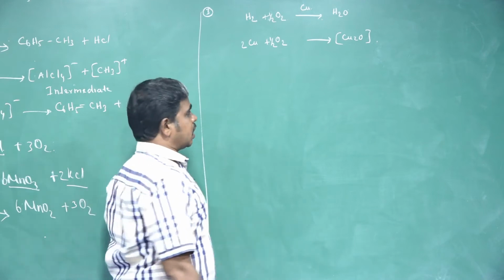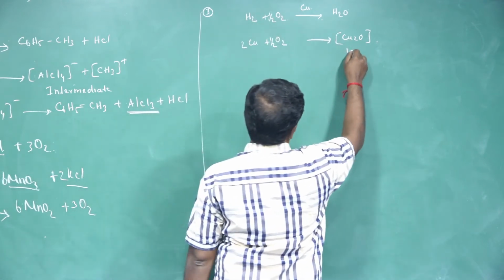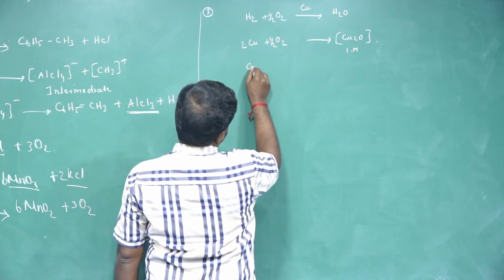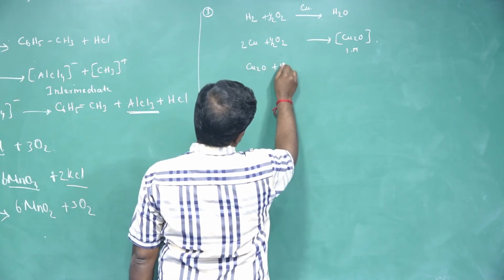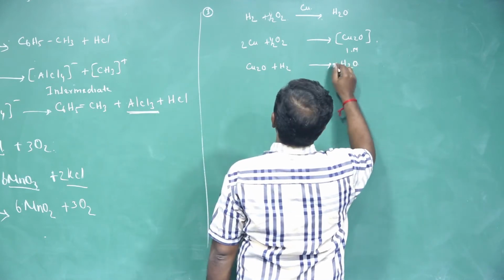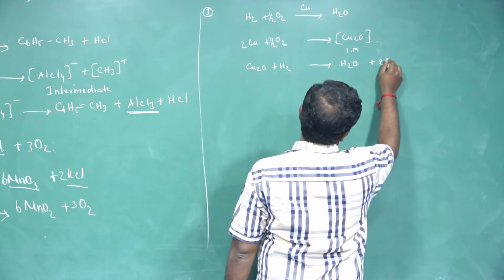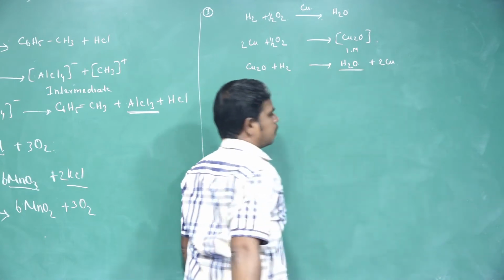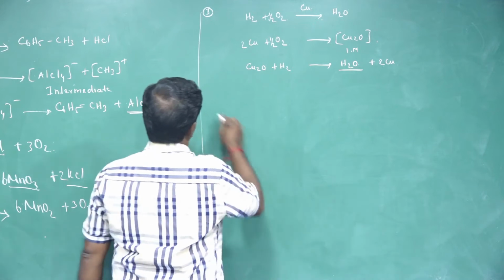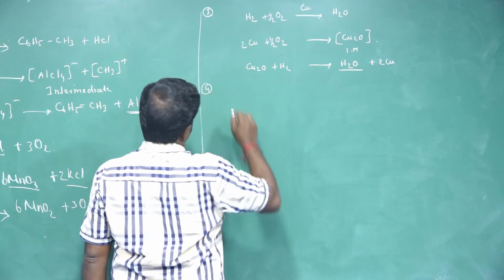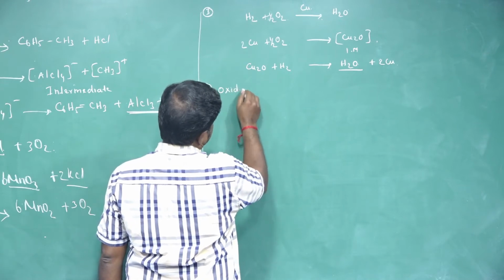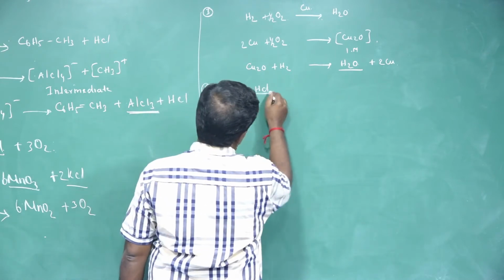And the intermediate reacts with the other reactant. So here Cu2O reacts with the hydrogen and forms the desired product H2O and 2Cu. So we are getting the product and the catalyst remains unchanged. Then the fourth reaction, we take oxidation of HCl. Oxidation of HCl by air.